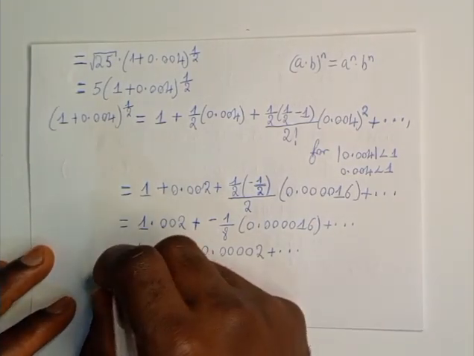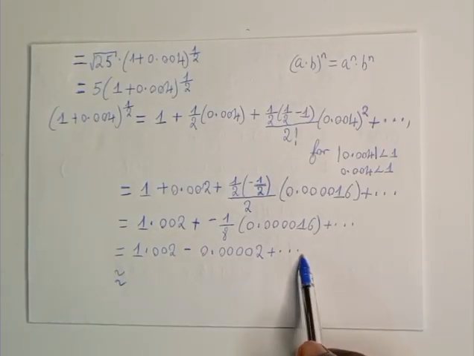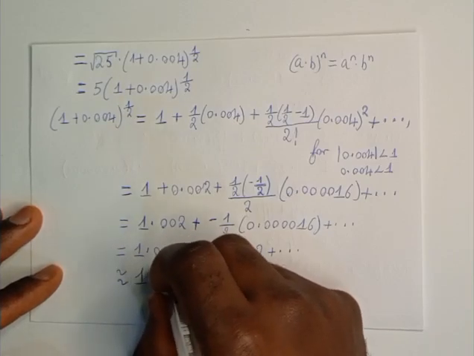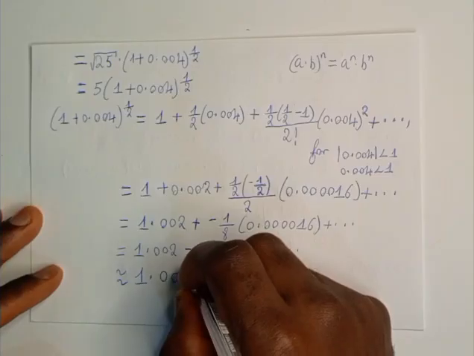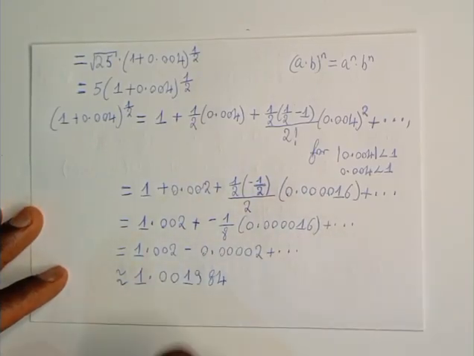And this will simply be approximately, when you see the approximation sign, that means we are going to eliminate the 3 dots for the other term. So this will give us 1.0019884, which is approximately, remember in the given question they asked us to give it to 4 decimal places.